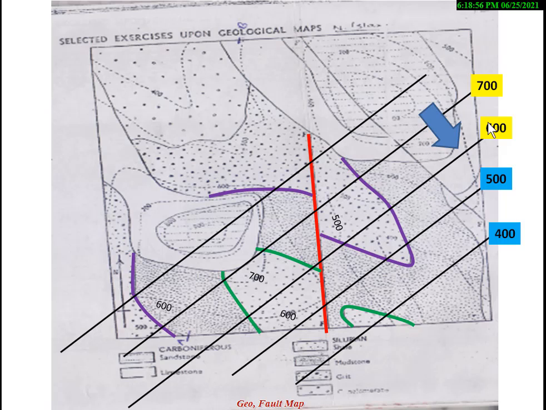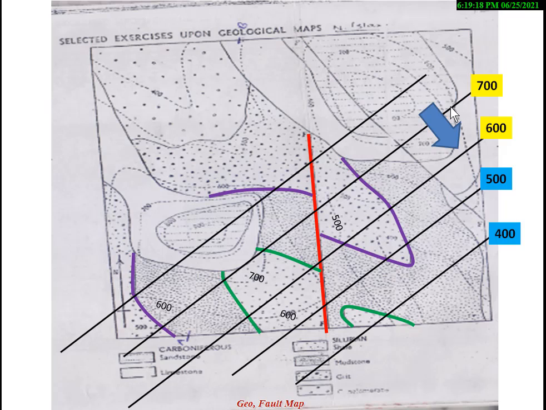So this is the 700, this is 600, this is 500, this is 400. So this line should be 400, but you see here the value is 500. This control line value, see, is 500.